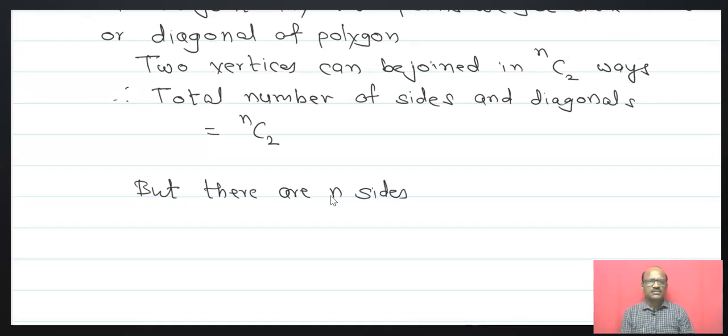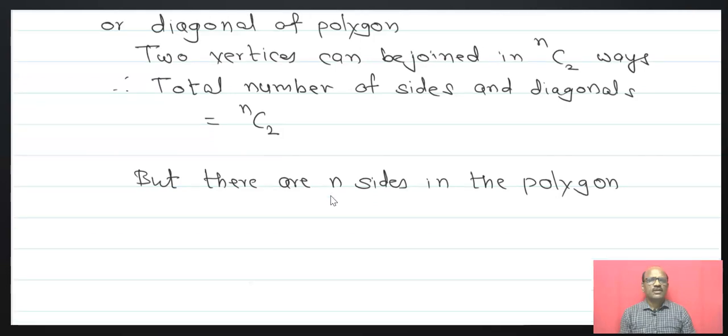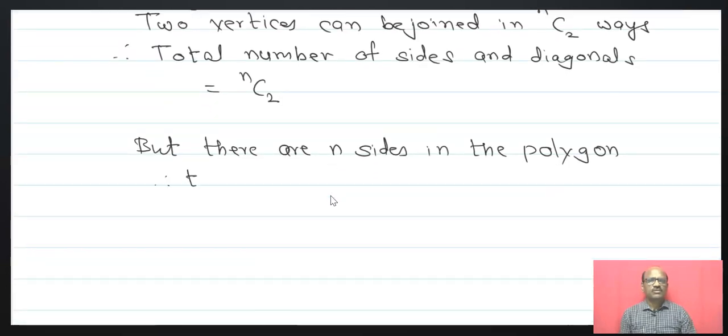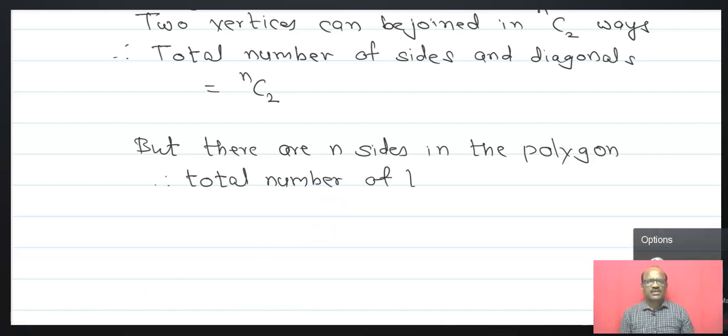But there are n sides of the polygon. Now what's happening here? The total number of sides and diagonals is equal to nC2. But there are n sides in the polygon.